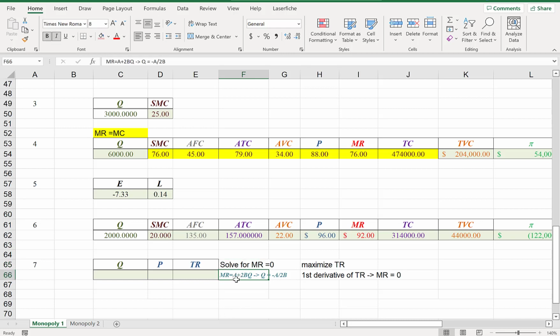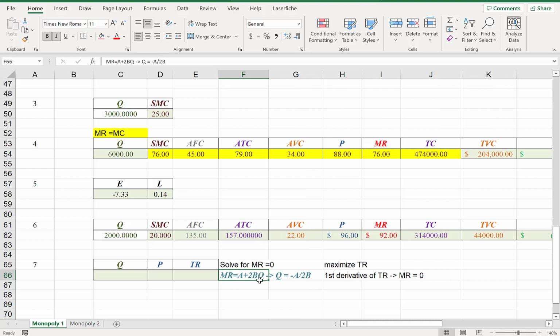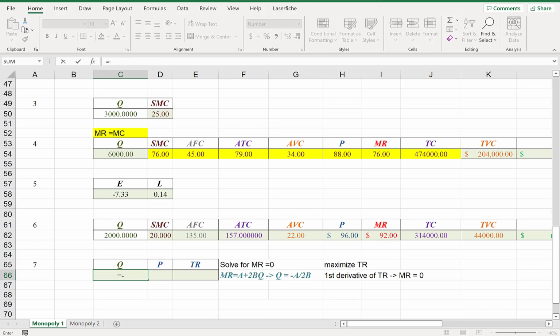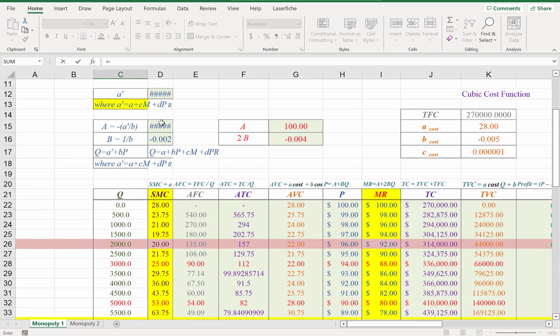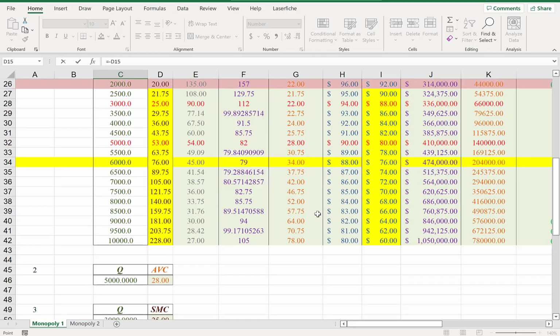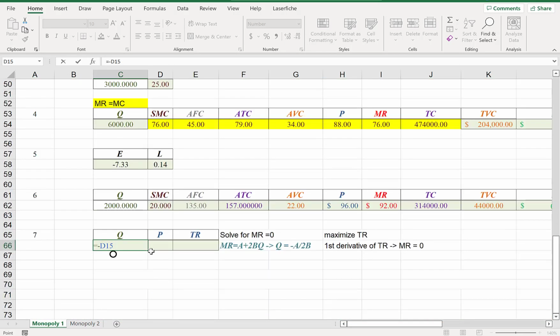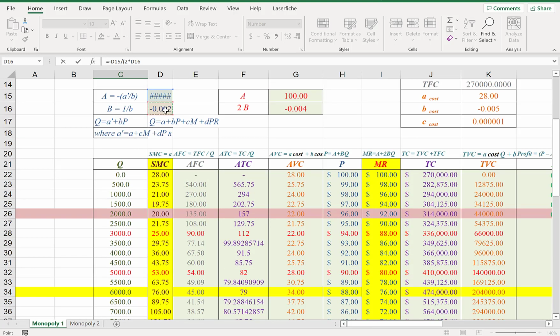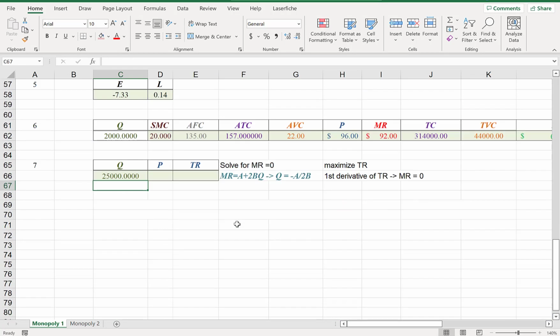Marginal revenue is A plus 2B capital Q equal to 0, right? And Q is going to be negative A over 2B. So Q, negative A. Let's grab A. And negative A divided by 2 times B is right here, capital B. Boom.